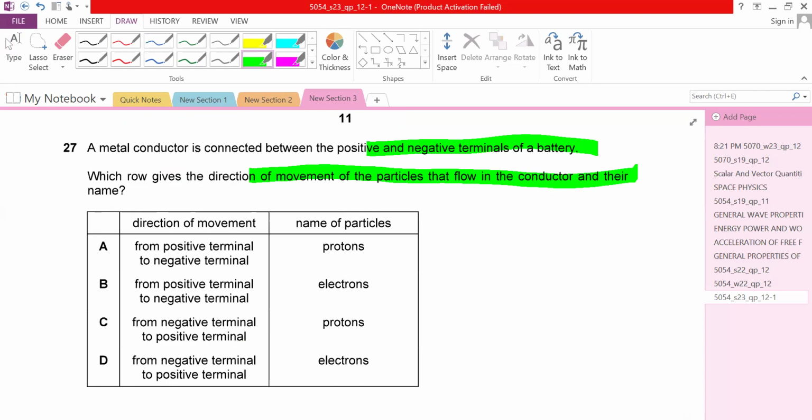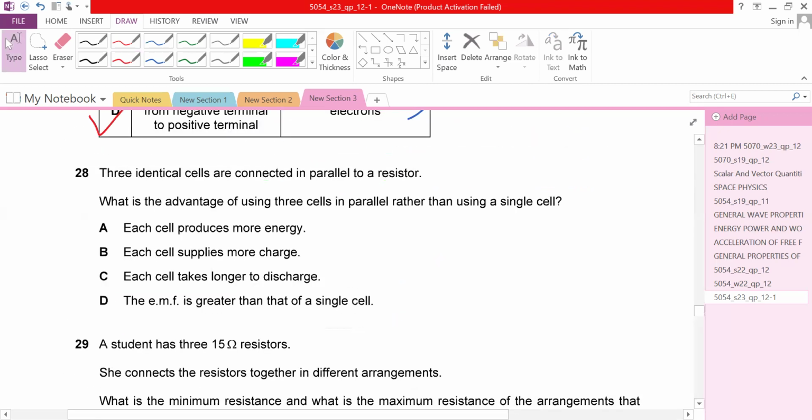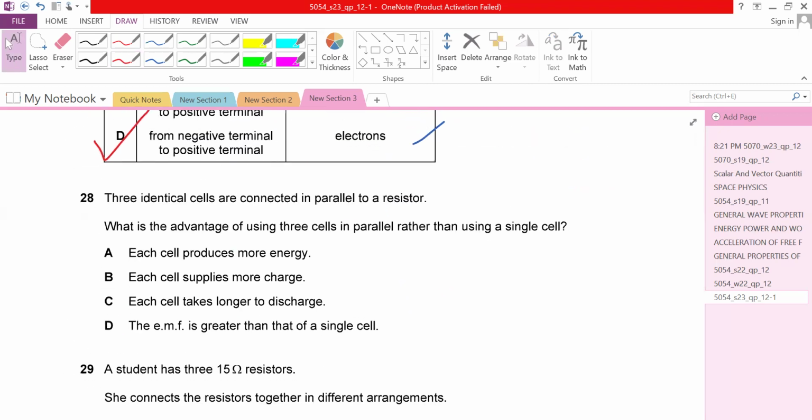The particles that flow in the conductor are electrons. We have two options for electrons, B and D. Electrons move from negative to positive terminal. The correct option is D for question number 27. From negative terminal to positive terminal, electrons.